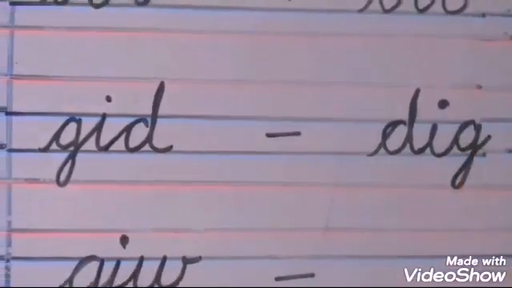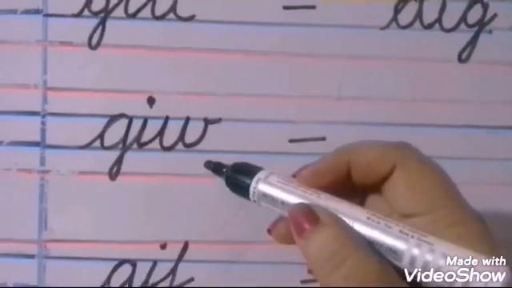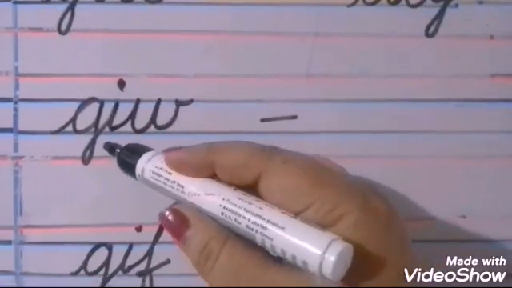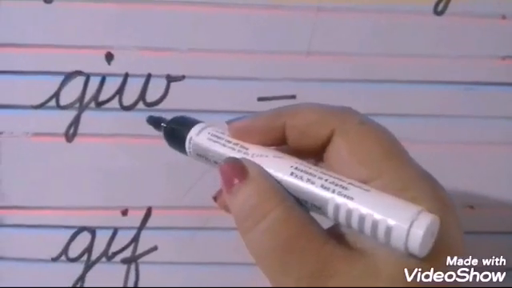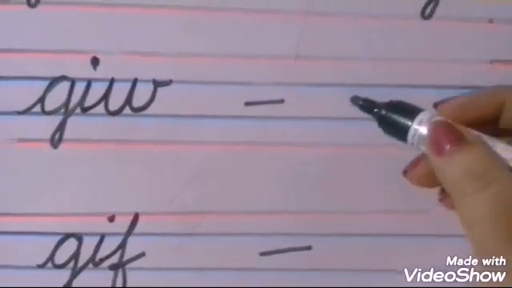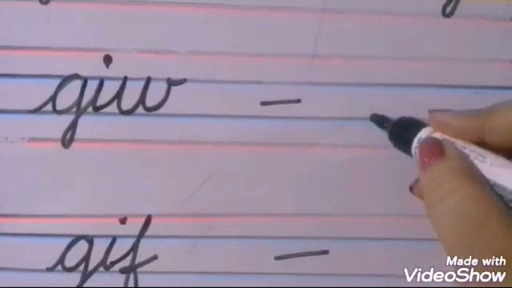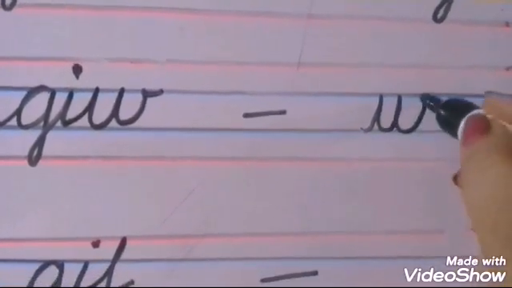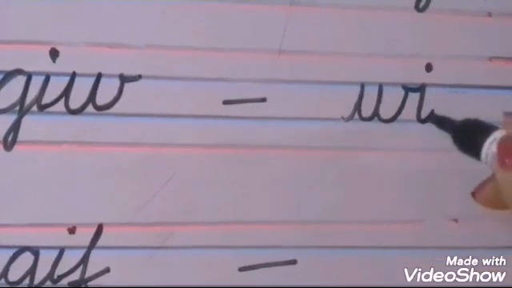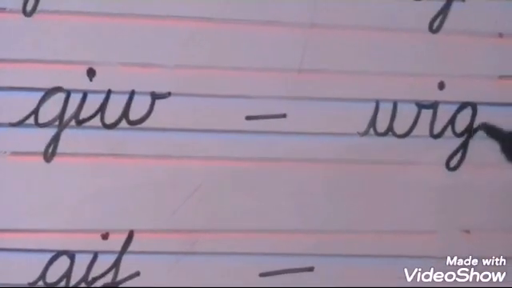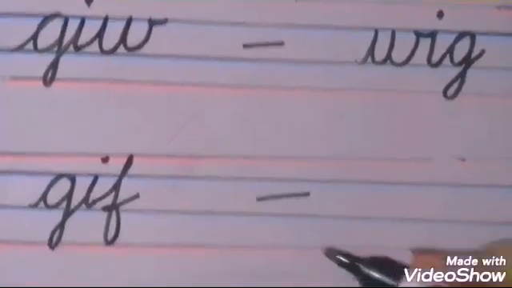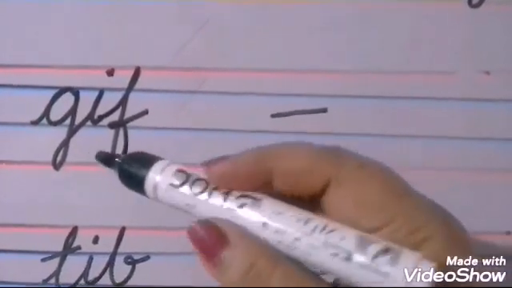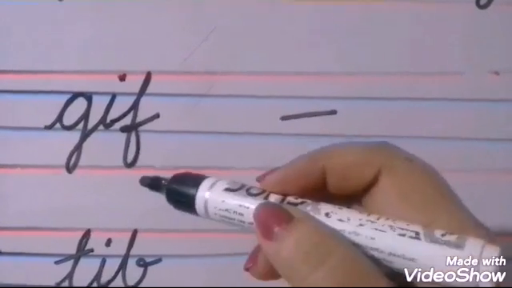What will be the unscrambled word for GIW? The unscrambled word for GIW will be WIG, wig. What will be the unscrambled word for GIF?